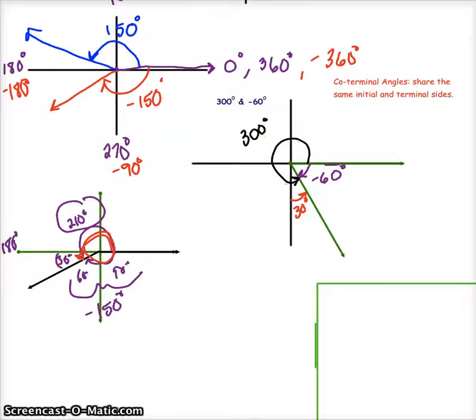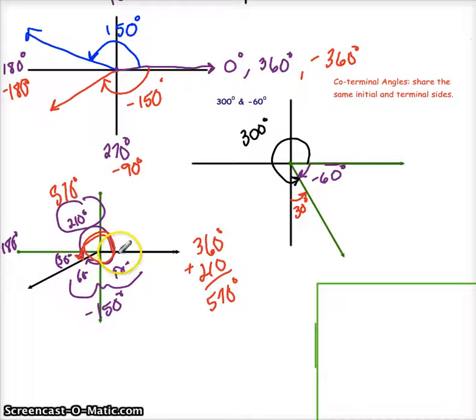When we travel around one full time in the positive direction, you know that we've traveled 360 degrees. If we continue back to that terminal side, we've traveled an additional 210 degrees. So if we add those together, we have a coterminal angle of 570 degrees. We have the same initial and the same terminal side, we've just traveled around an extra time.